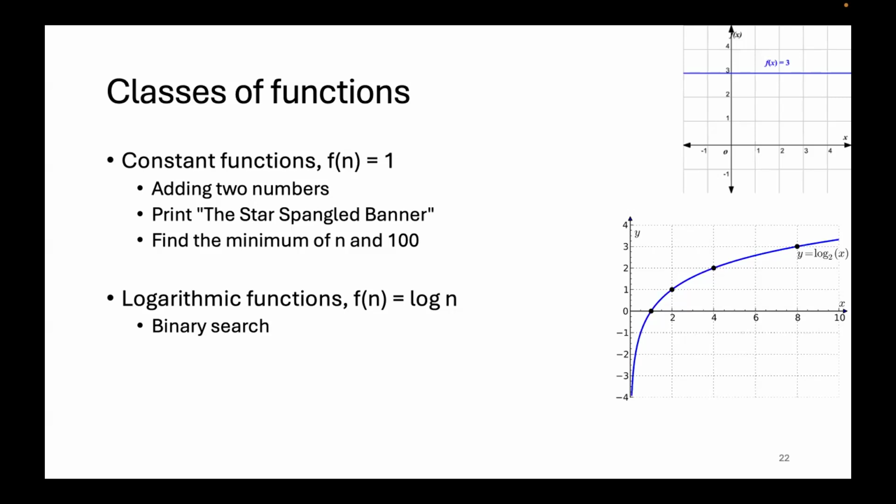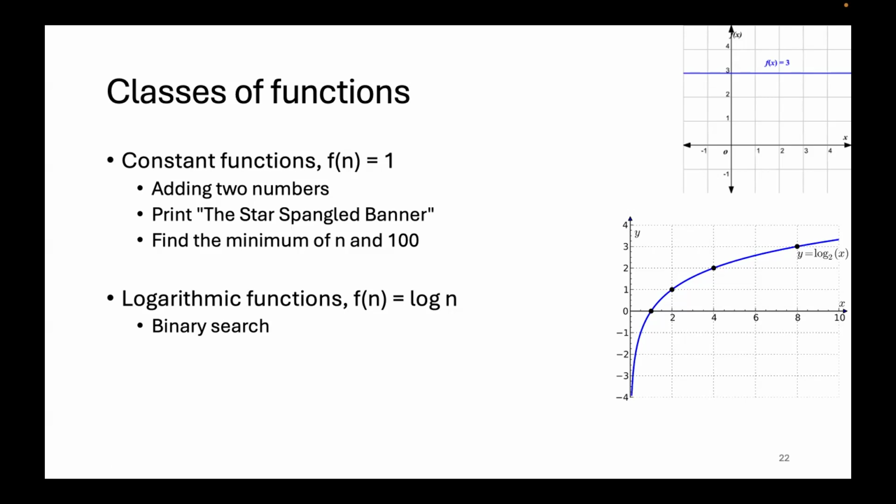So then we've got our classes of functions, which is one of the packet problems, just to write down what they are. For example, constant functions are the first class. This is basically as good as you can get. It executes and then it's done.